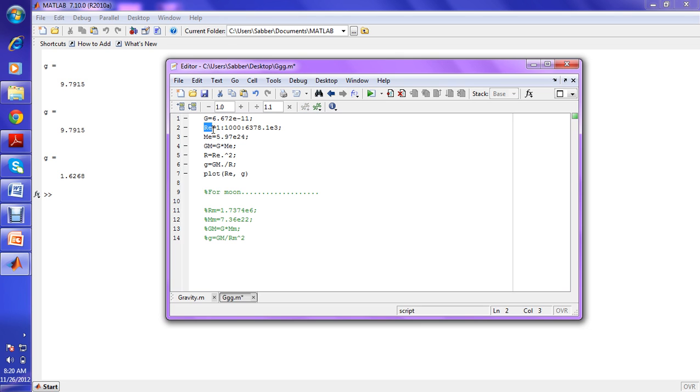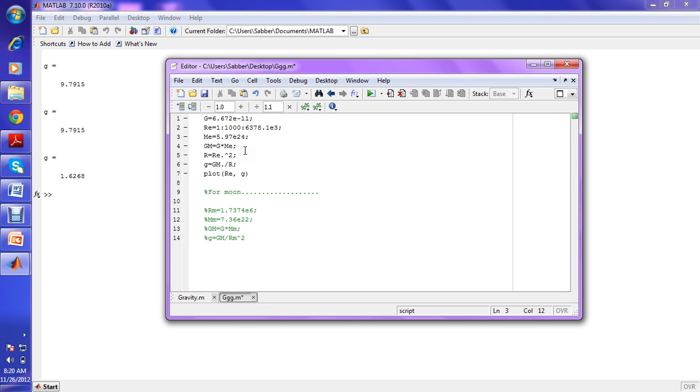So we are going to calculate the g with various distance, that means from the center to the surface of the Earth. So we want to see how g varies from the center up to this. We know that on the surface of the Earth it is 9.7915, right?